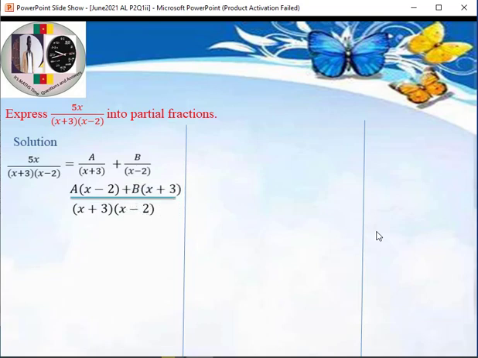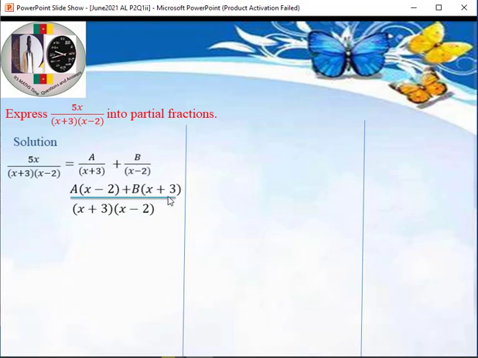Now we can see that when we compare the right hand side and the left hand side of this equation, the denominators are equal, so we must equate the numerators. The numerator on the left hand side is 5x, and the numerator on the right is A into (x minus 2) plus B into (x plus 3).